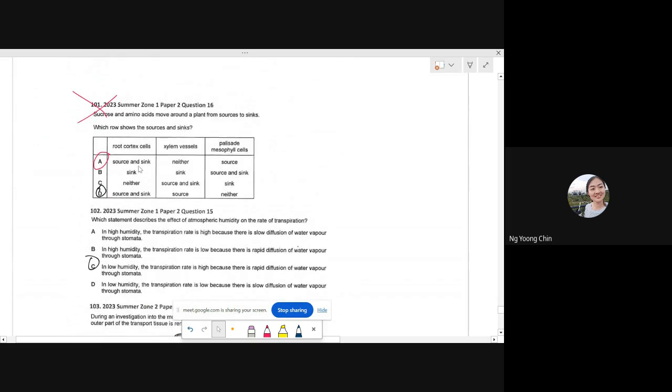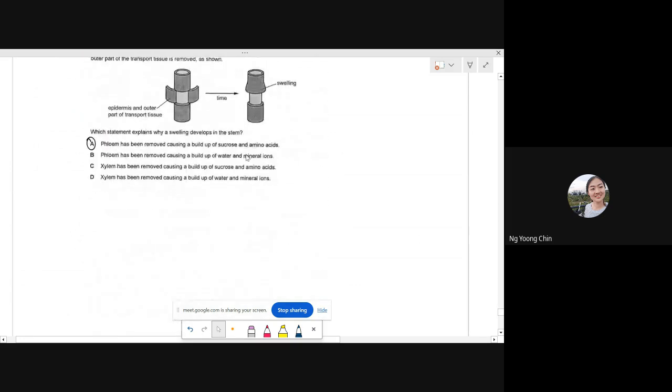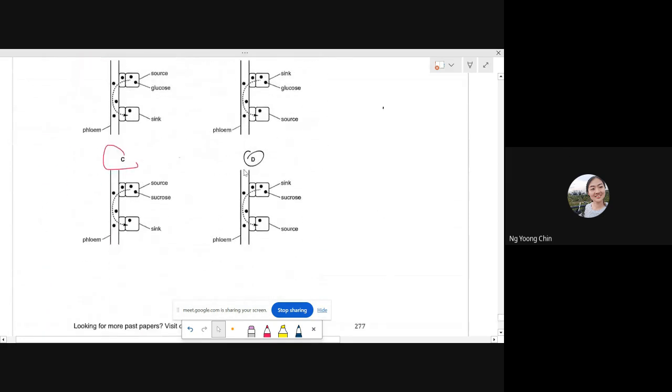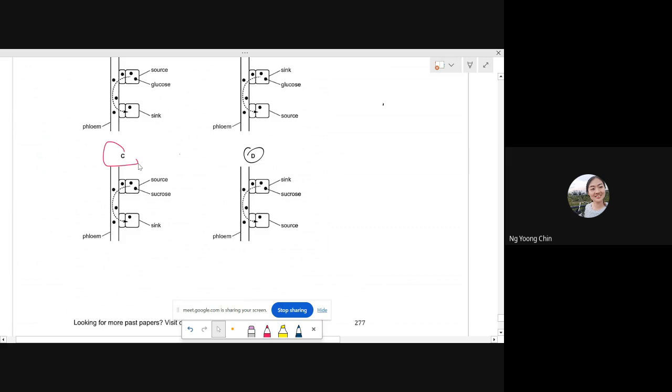For this also, root cortex cells will be source and the sink. Palisade mesophyll cells will always be the source, because palisade mesophyll cells are only found in the leaf, not in other parts of the plant. For this, remember that it is always sucrose.